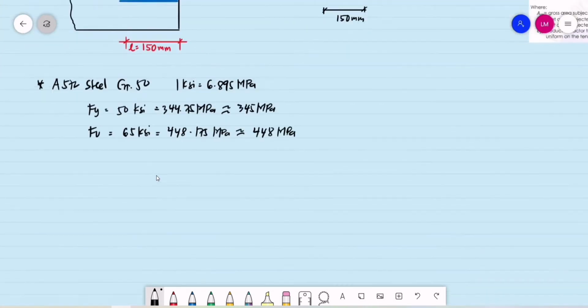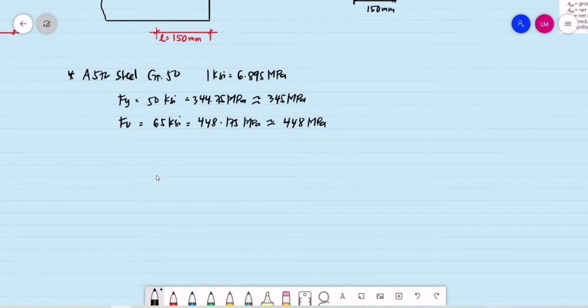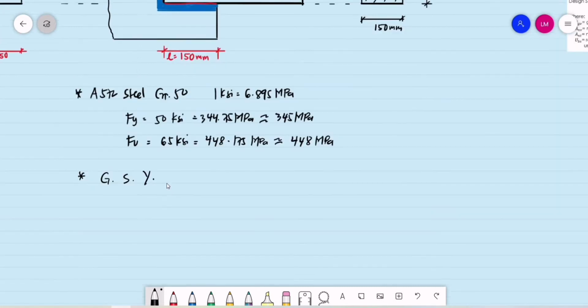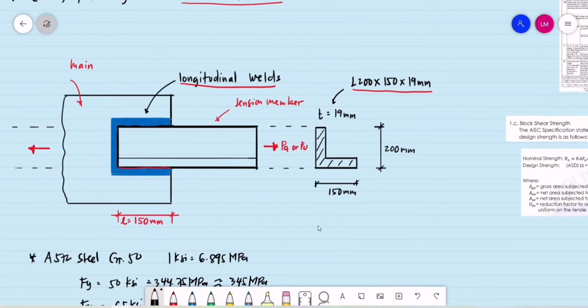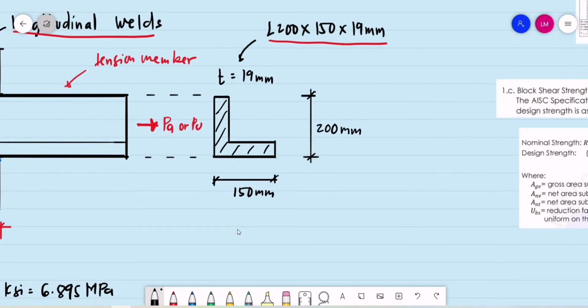So for our analysis, the first one is the GSY, or the gross section yielding. For the gross section yielding, we need the value of the gross area of our section. So let's have the total area of this angle. Again, I can extend this dimension. I'll just divide the angle into two rectangles.